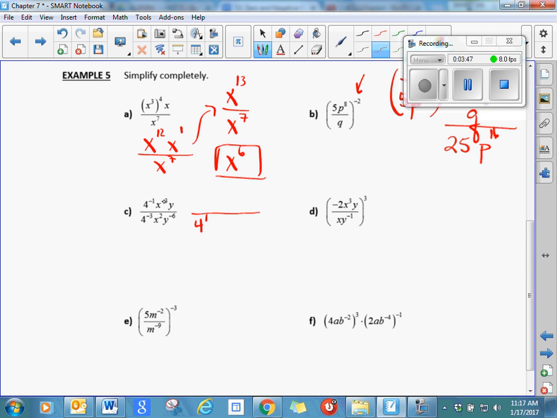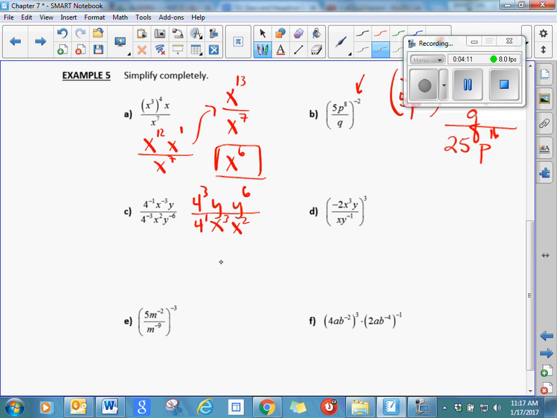X to the negative 3, it comes down here also. The y stays in the numerator, it's positive. Then I come down here, and this 4 to the negative 3, I'm going to make it 4 to the positive 3. Move it up. Leave the x squared alone. And move the y to the negative 6 up here as a positive 6.